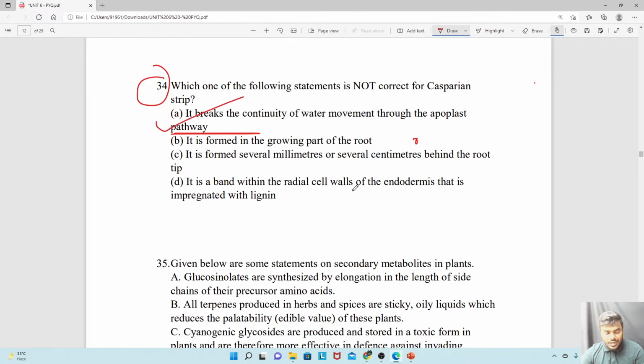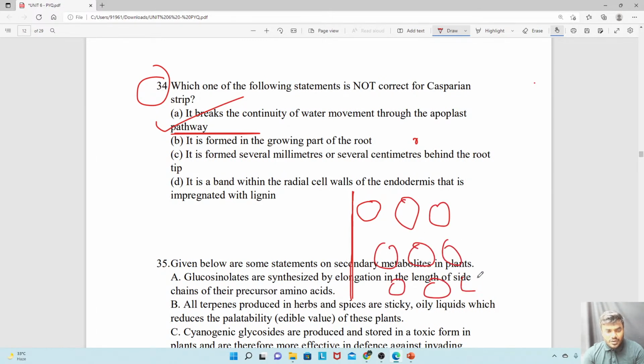Okay, listen, for all of you I will explain once again. This is the epidermis. These are all cortex. I showed you the diagram also. And after the cortex, what is there? Endodermis. Here the Casparian strip is there. Water moves like this, like this, like this, and it will come here. Do you think it will move? No, right? Now the water movement got stopped. It breaks the continuity of the water.